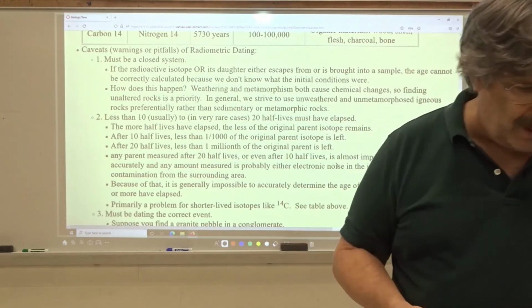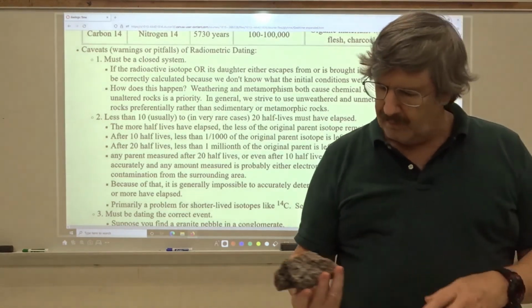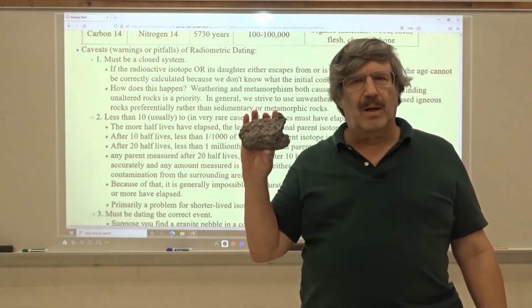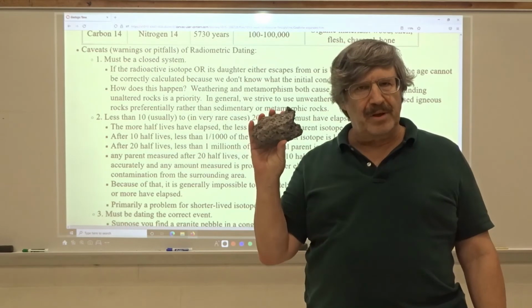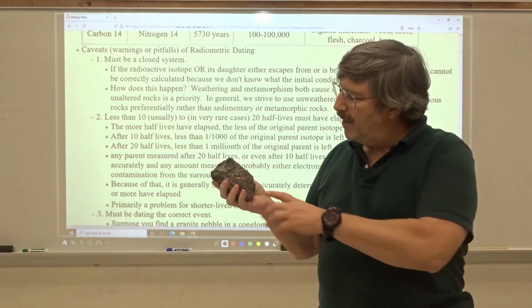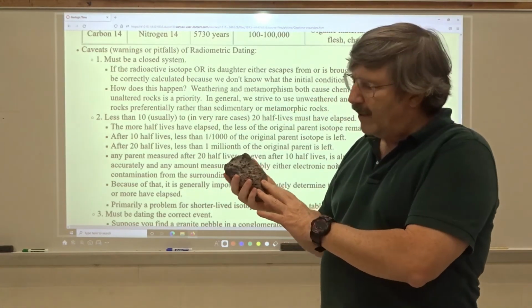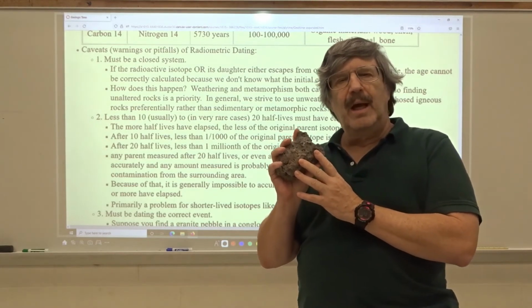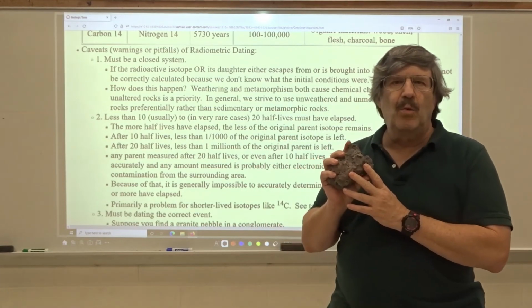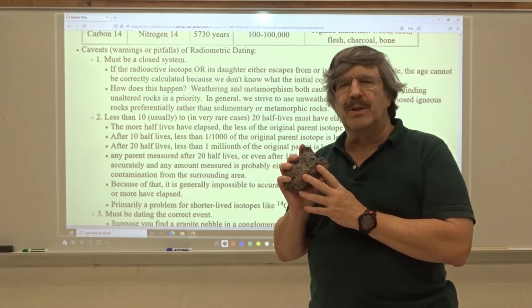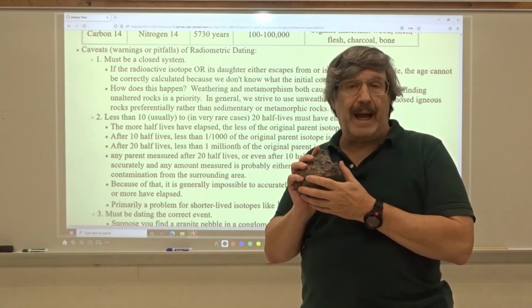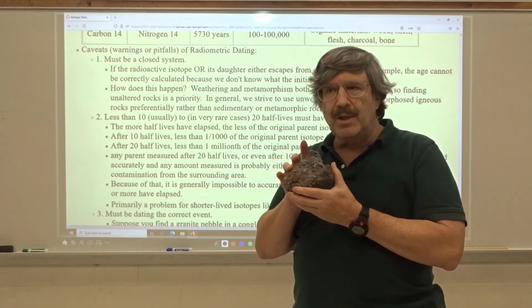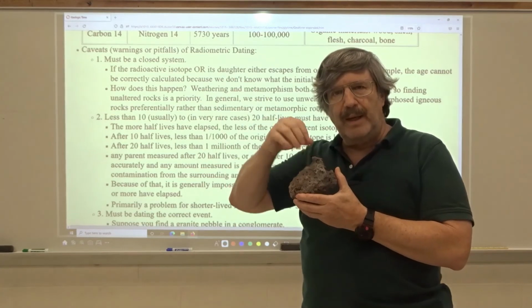Well, imagine that we have a rock like this. This is a nice example of a basalt, which is an igneous rock, but this rock is quite gray in color. This has been weathered, and the weathering process is one of the things that tends to result in ions and atoms being mobilized so that they can either leave or come into a rock.